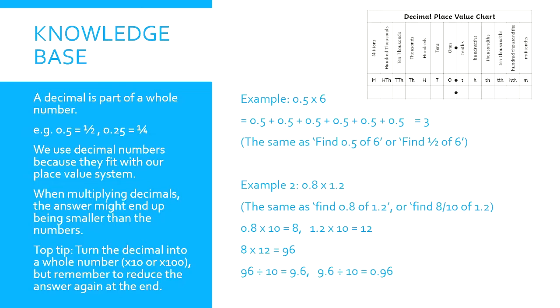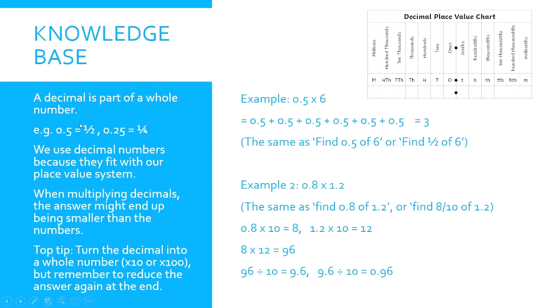All I mean is that in one whole number, I've split that up into smaller parts. We use decimal numbers as a way of talking about these fractions or parts of a whole because they fit in much better with our place value system, which increases numbers or splits them into smaller parts by multiplying by 10 or by dividing or splitting them up by 10.